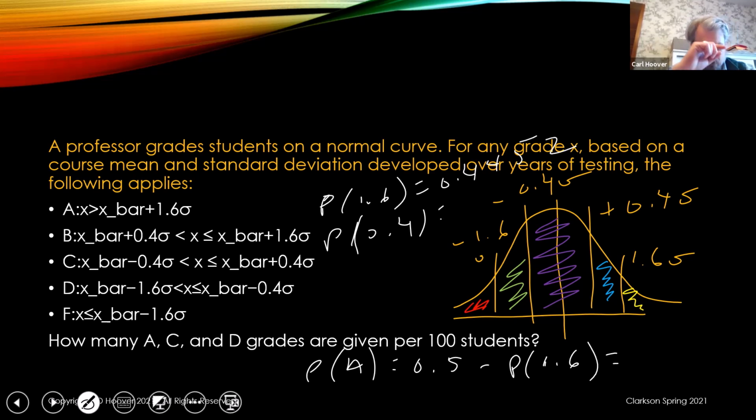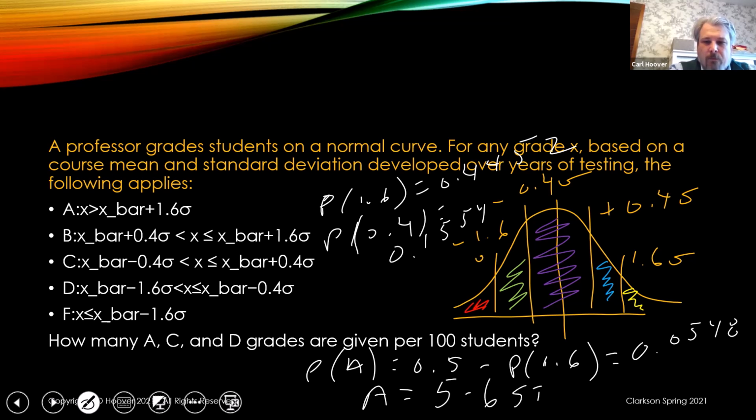And probability of 0.4 is 0.1554, 0.4 from our z table. And so then 0.5 minus the probability of 1.6, 0.4452, gives us a probability of 0.0548. So if there's 100 students, then 100 times 0.05 is 5 to 6 students will have A's.